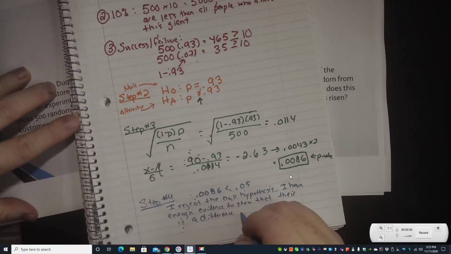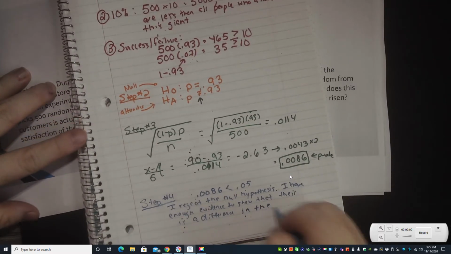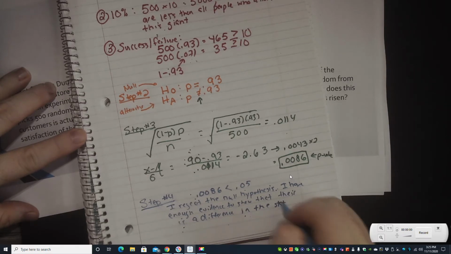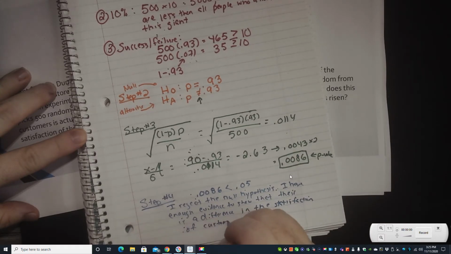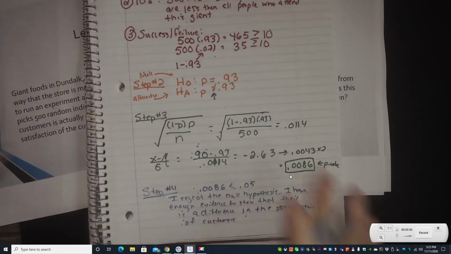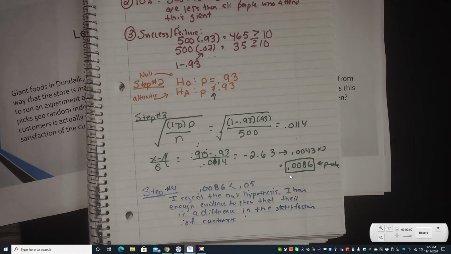There's a difference in the satisfaction of customers. And that's it. That's the whole hypothesis method.